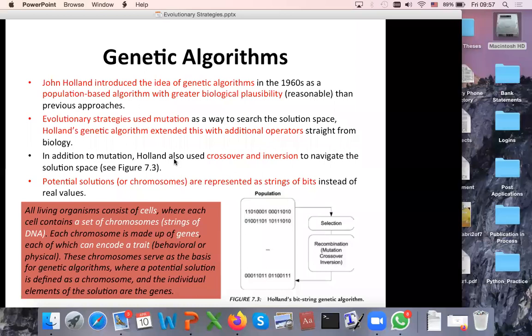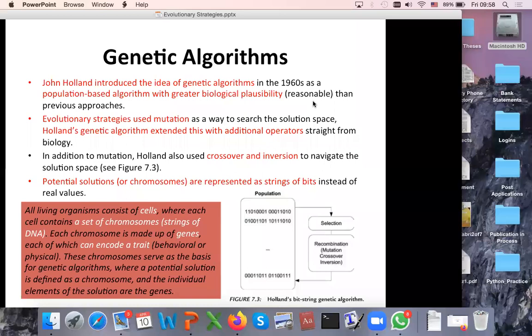John Holland, according to the text, seems to be a biologist, and his theory of genetic algorithm has more resemblance towards the biological concept. That's why it is mentioned with greater biological plausibility, which means that his theory was more reasonable to biology and not to any other field like computer science.